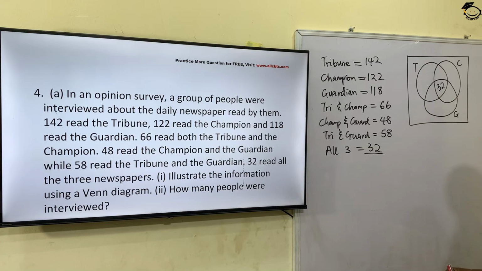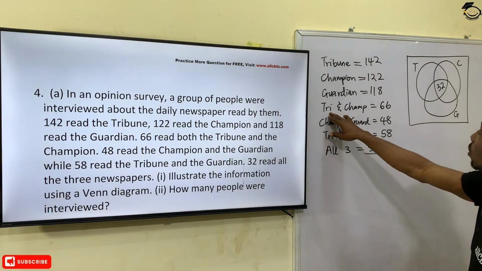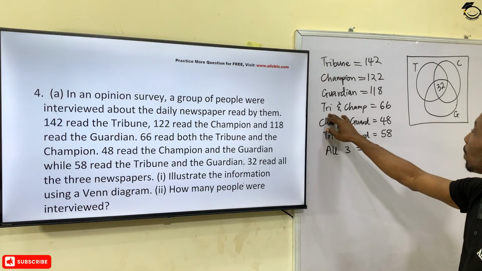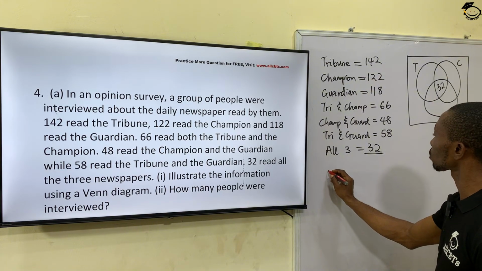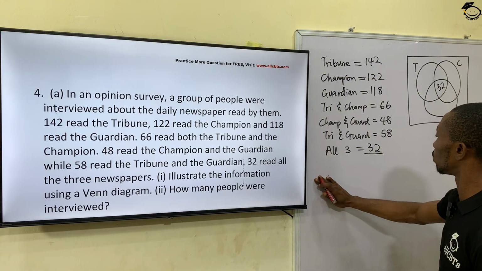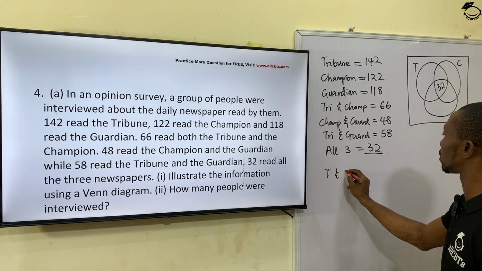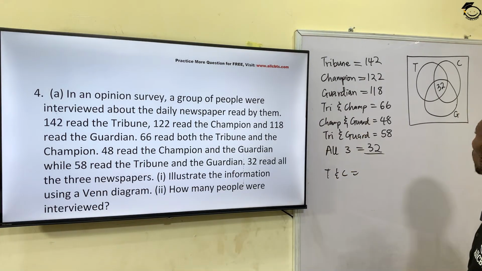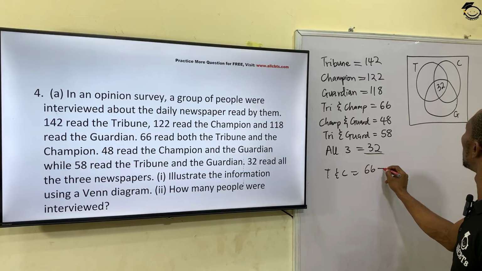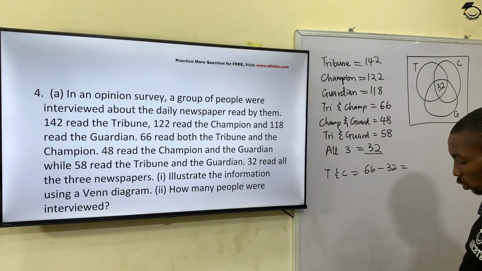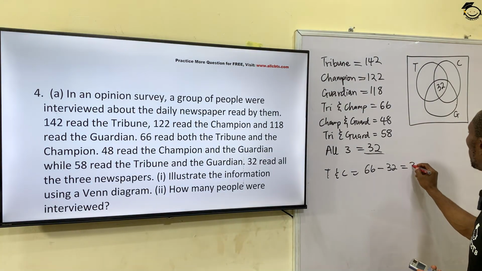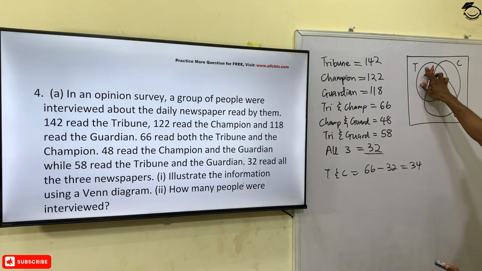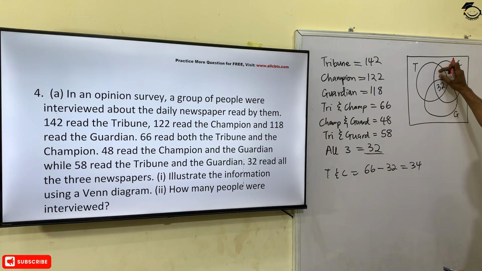Now, we were told that 66 people read Champion and Tribune. So for Tribune and Champion, we would have 66 minus 32, which will give us 34. So for Tribune and Champion, this intersection, we have 34.